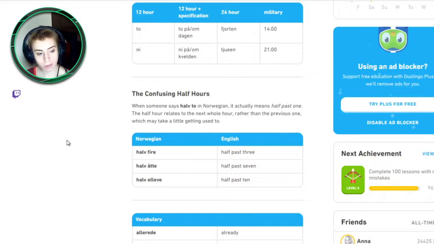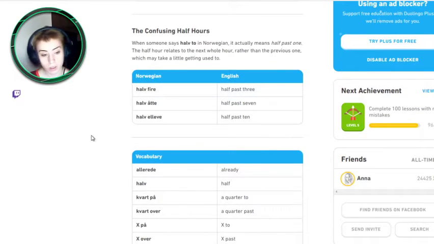In Norway, they refer to the next hour, if that makes sense. Half fire would be 3:30. Half åtta, 7:30. Half 11, 10:30. Right, yeah. 10:30.